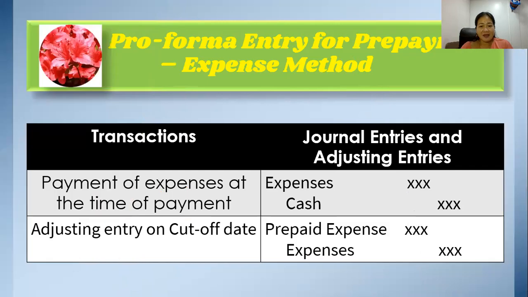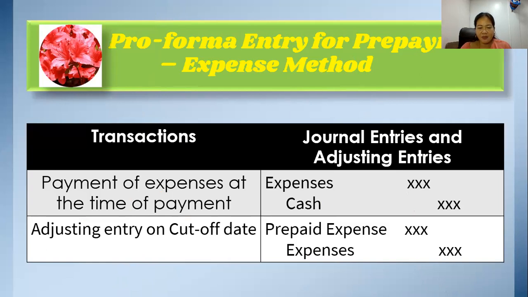So the pro forma entry for prepayment. This is the pro forma entry when the payment was made, and the pro forma entry when the adjusting entry has to be made on the cutoff date. For the payment of expenses, we have a debit to expenses and a credit to cash. This is your entry when the payment was made.